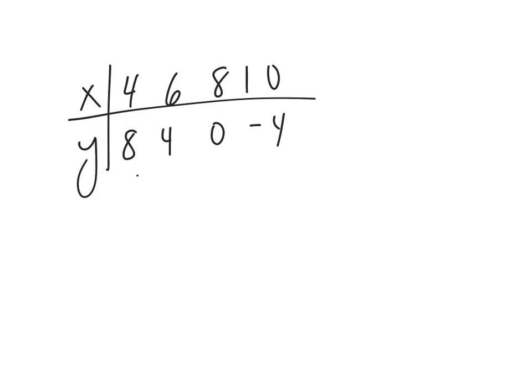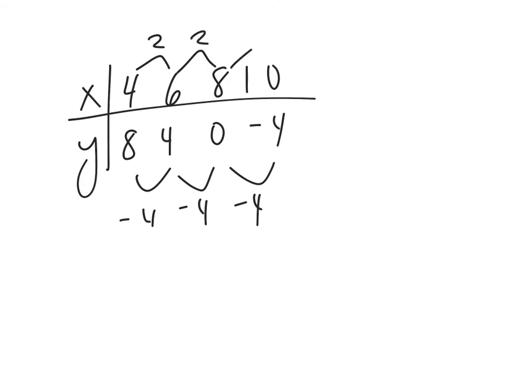So the change in my y values here is down by 4 each time, isn't it? So that's good. If that wasn't the same, I'd have to pay really close attention to the top. But up here I got change +2, +2, +2. So every time my slope is -2. So this would be a linear exchange.